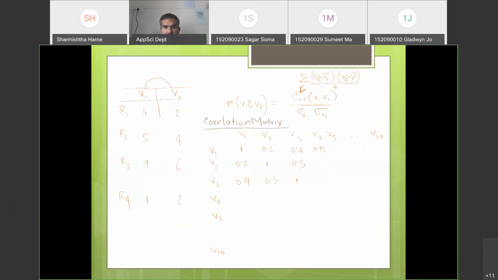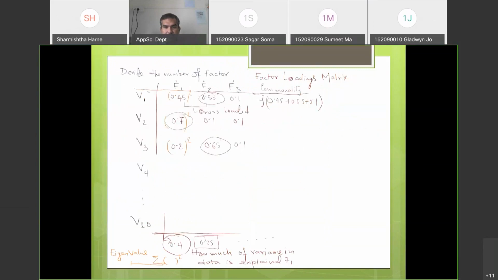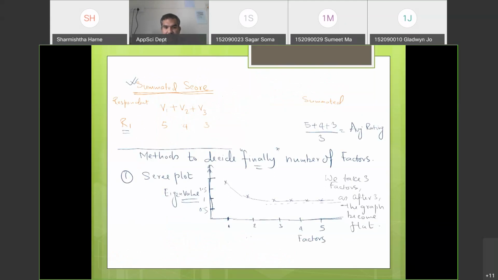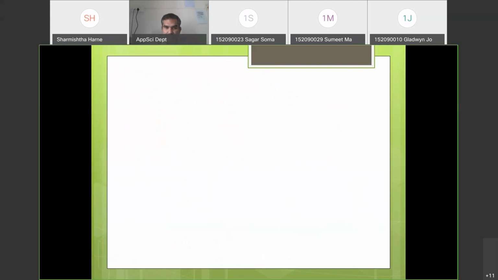This is what we did. Correlation matrix. Then from the correlation matrix, we get the factor loading matrix, which we have not seen how. We have just seen that we get it from there. We will see today. Then summated score, then methods, then eigenvalue. So now let us go further.